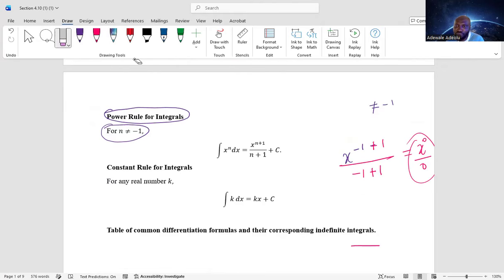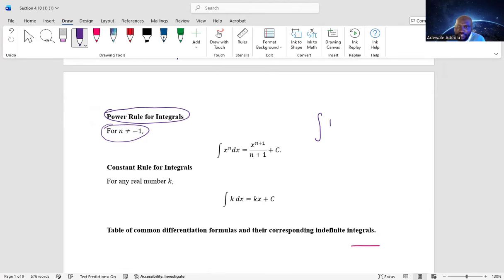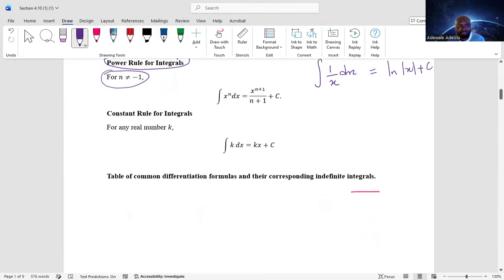That is why we do not want n to be -1. So when we have this, the antiderivative is something like this. You see, it is unique. I hope that makes sense.